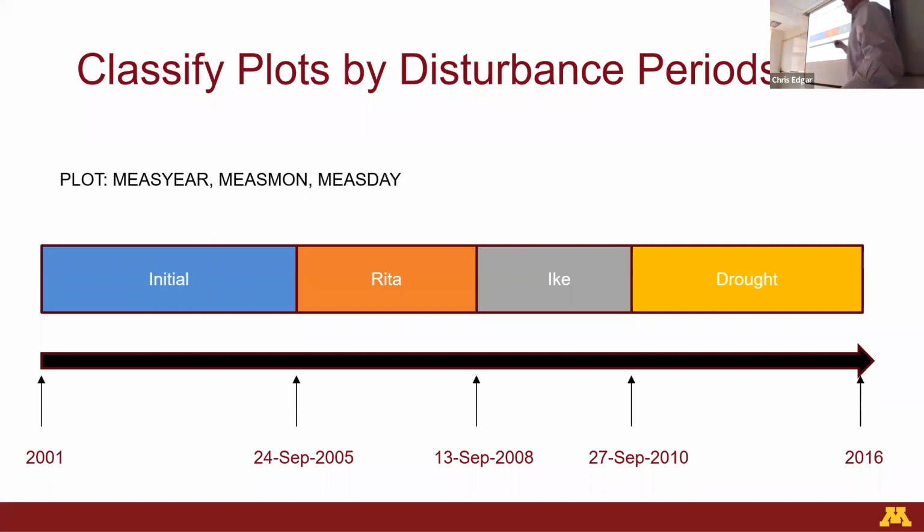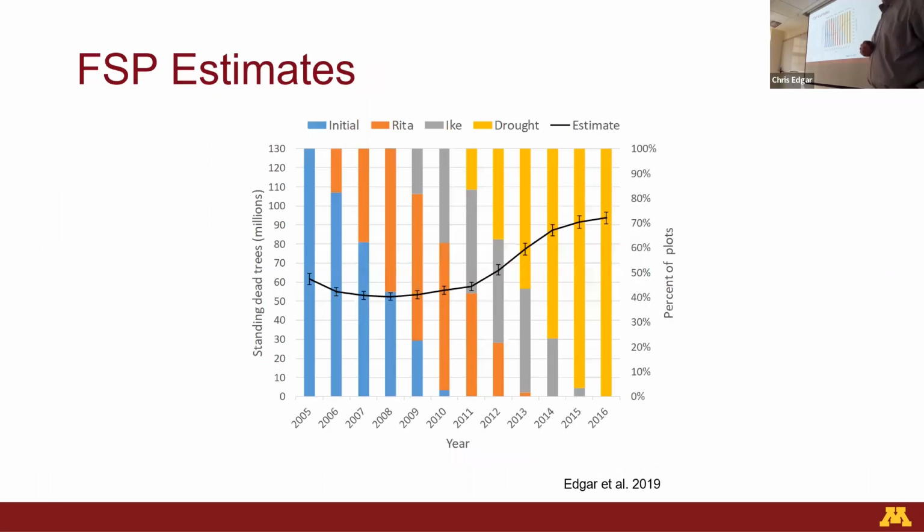So I'm going to go back now to those basic estimates that we saw, those standard estimates. And what I'm going to do now is superimpose, to show you where the data comes from in terms of when these plots were measured relative to these disturbances. So I'm using the same color scheme. These are the estimates, the kinds that you get from the online tools, and we see the general run up from the drought.